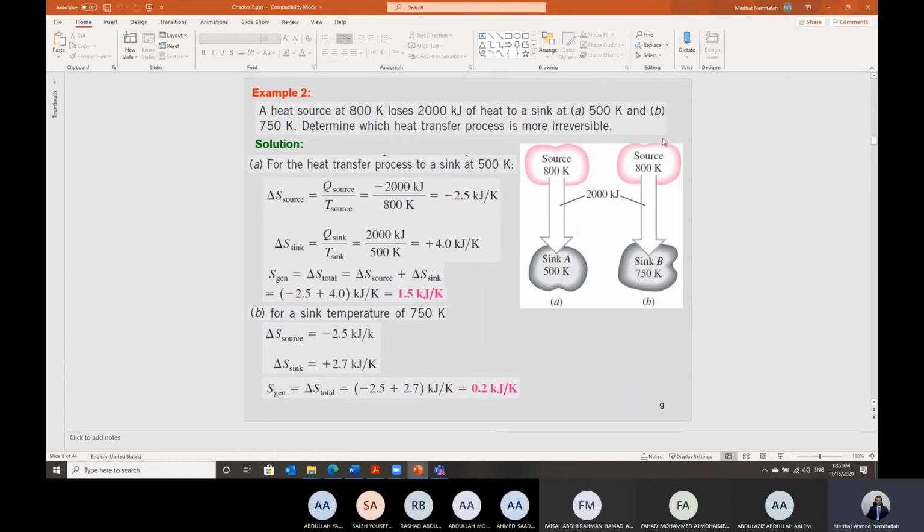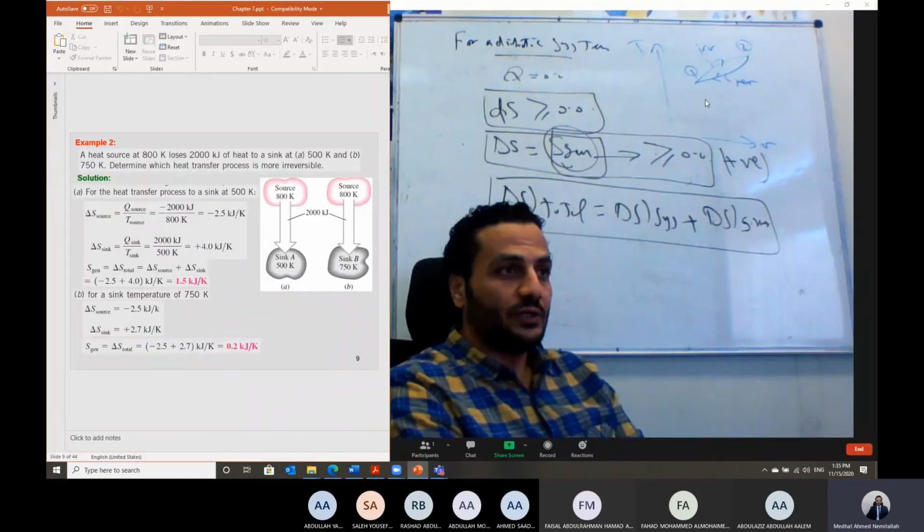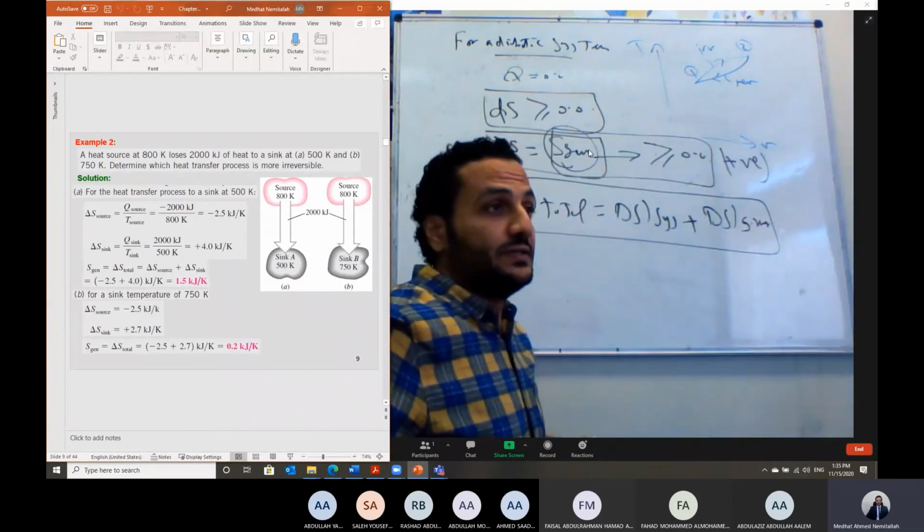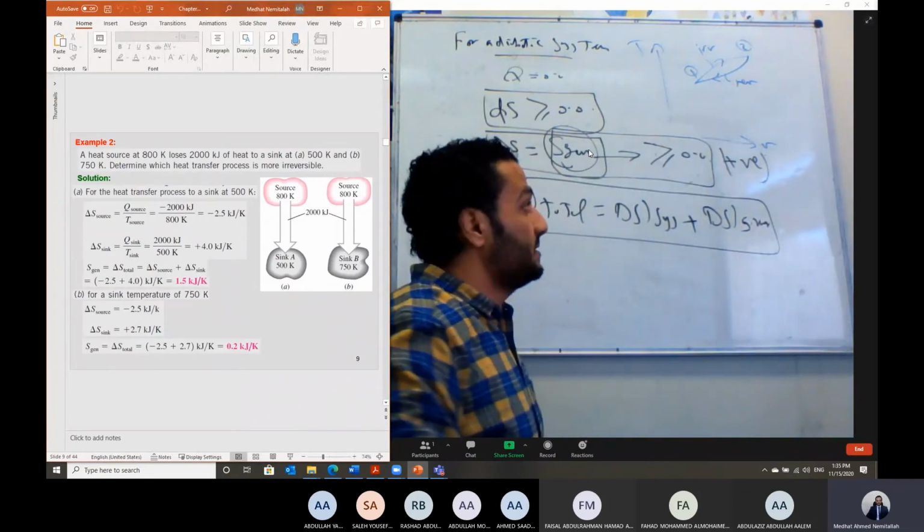Okay, here is an example, shabab. We have a heat source existing at a temperature equal to 800 Kelvin. This heat source transfers an amount of heat equal to 2000 kilojoules from a high temperature source to a low temperature sink, existing at two different temperatures.